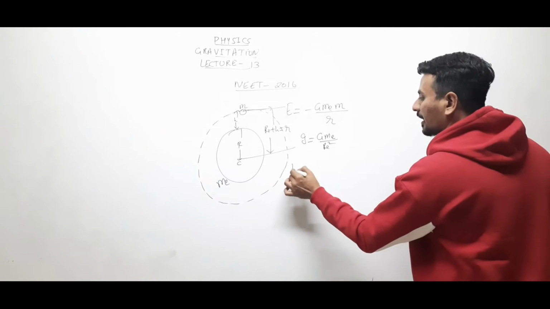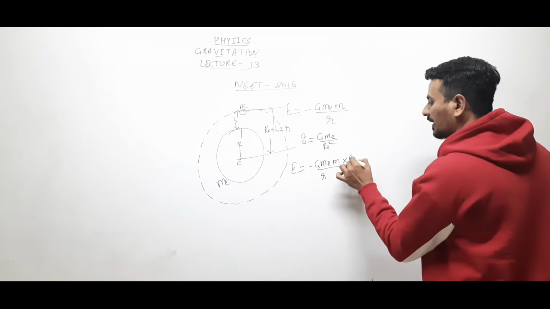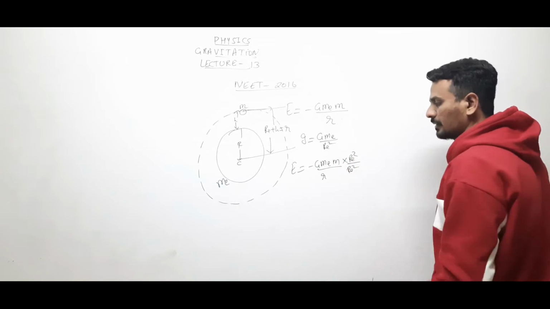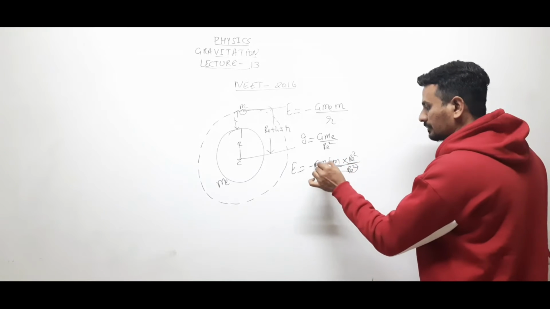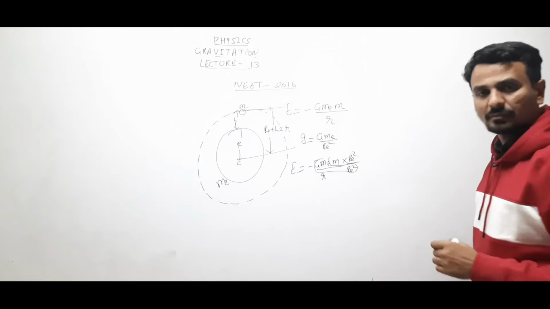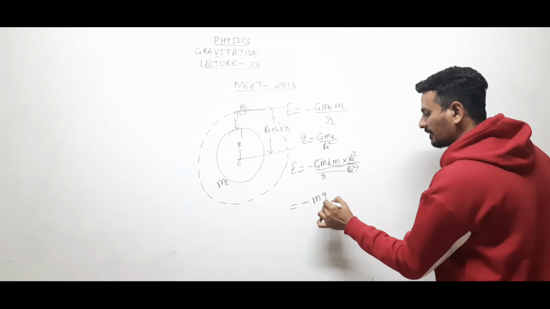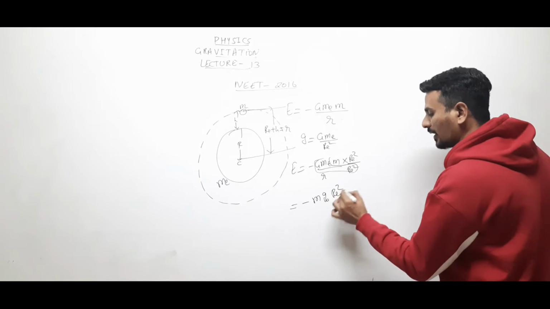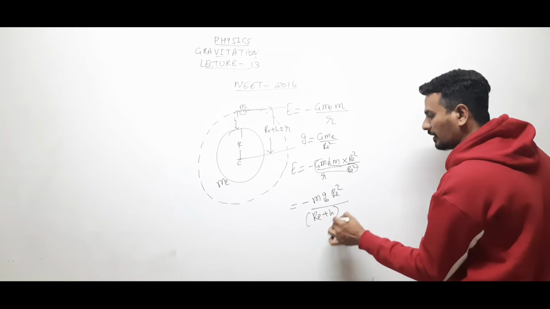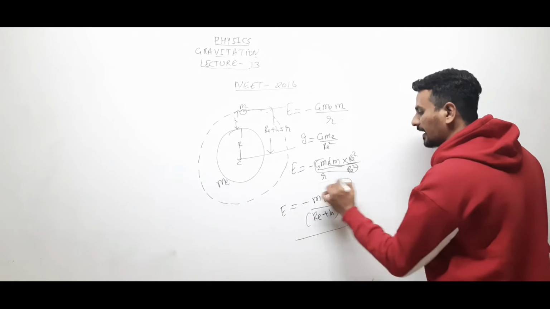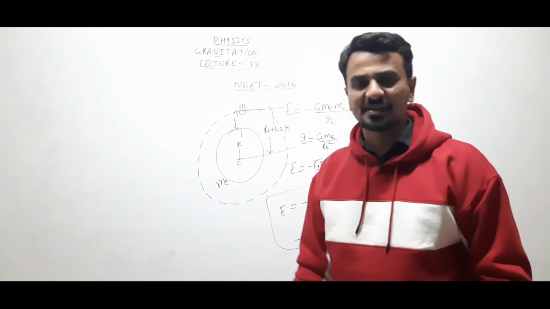So let us multiply and divide this equation by R square, and this will be equal to minus m g naught R square upon r. But what is r? R plus h. So this is the total energy of the satellite in terms of acceleration due to gravity, which is revolving at a height h from the surface of the earth, right?